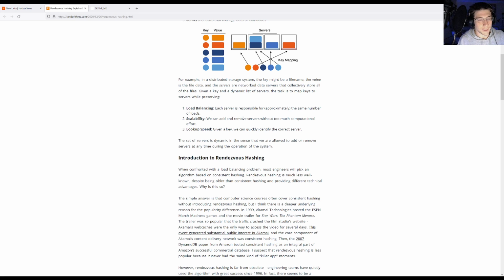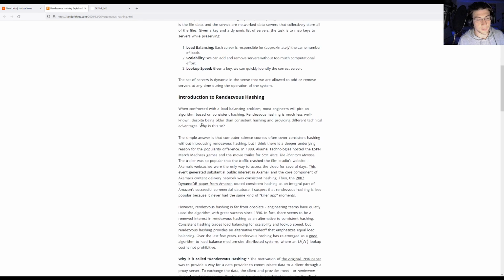Scalability means we can add and remove servers without too much computational effort, which helps if you have a lot of requests in a short amount of time, because you can deploy many servers and catch up with everything in real time. Lookup speed means we need to quickly identify from the key the server that has the value.